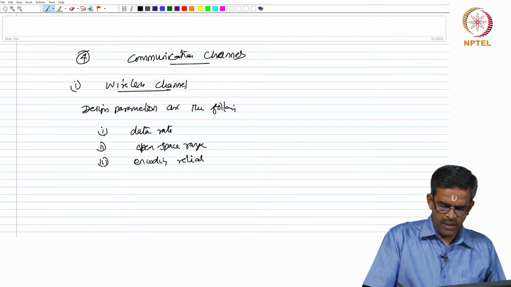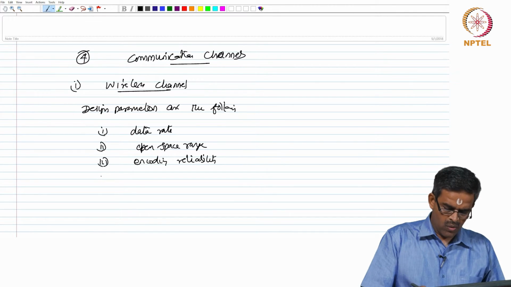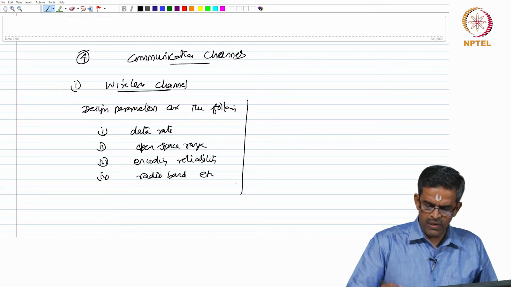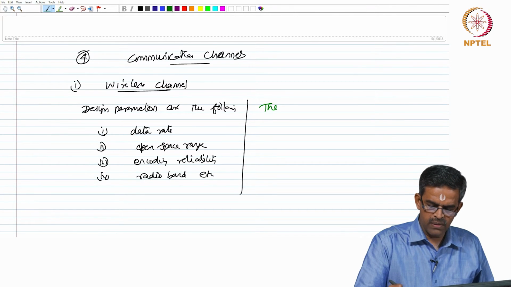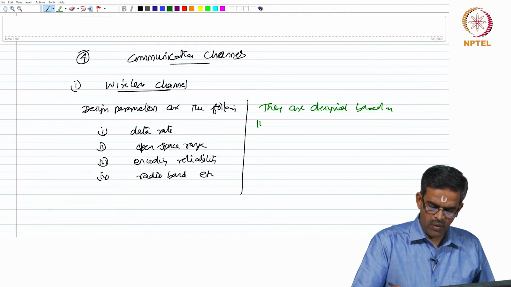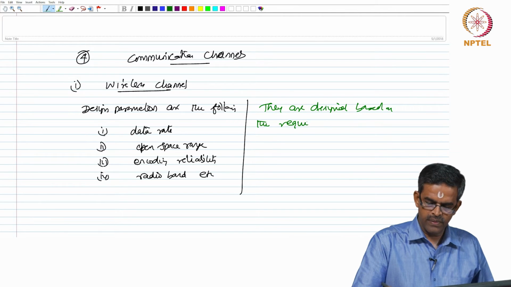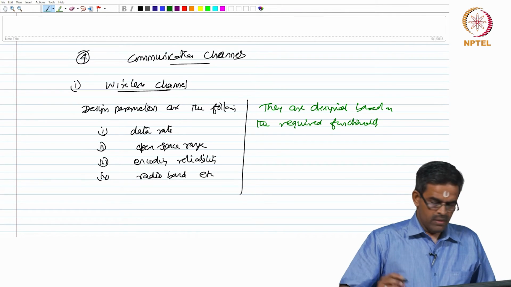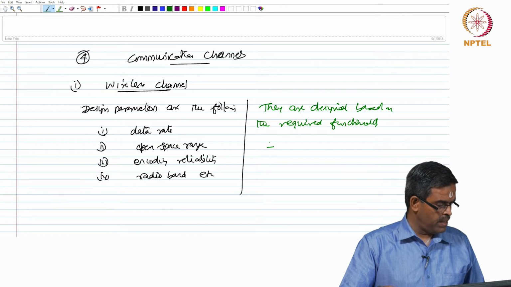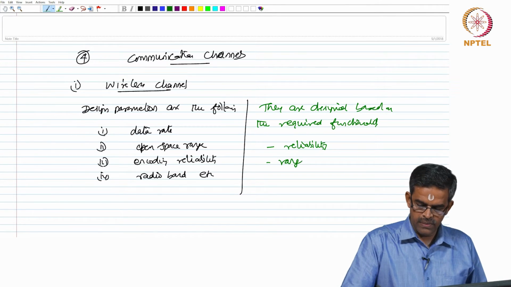Encoding reliability. 4. Radio band, etc. The essential feature is that they are designed based on the required functionality. The main parameters in choosing these sensors or the channel could be the range of communication.